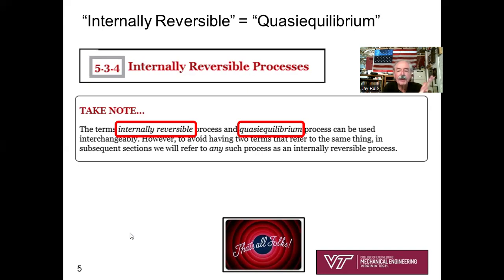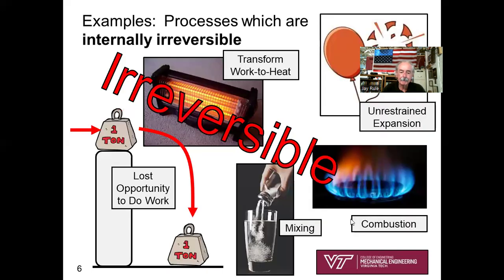We said no friction, no unrestrained expansion, that type of thing, with the system in a state of equilibrium slowly at all points during the process. And so now we're switching over to new jargon. We're going to call it internally reversible. And that's kind of important.